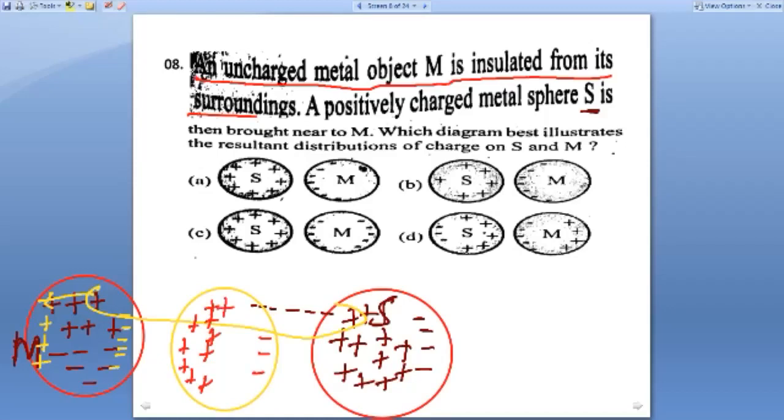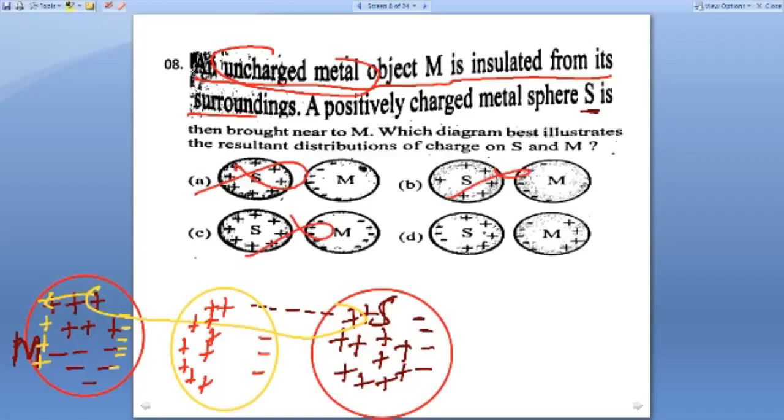S is positive, M is negative, but M is uncharged. So this figure is wrong, this is also wrong, this is also wrong. M is neutral.